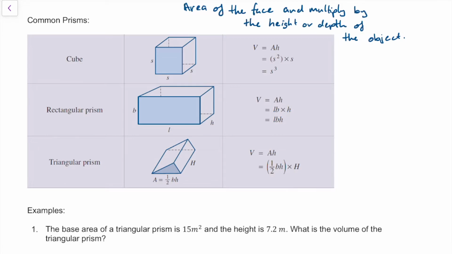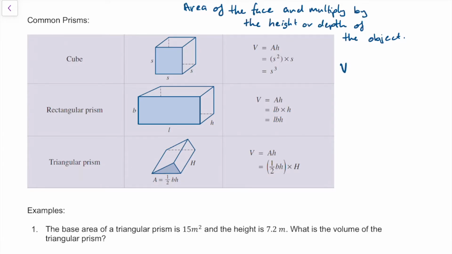Sometimes you will have someone say height, width, depth, or it could be length, breadth, height. However you want to put it down, just know that you're taking the area of one of the faces and you are sending that back however high or deep it's going to go and multiplying it all together to get our volume. So that is what our volume is.